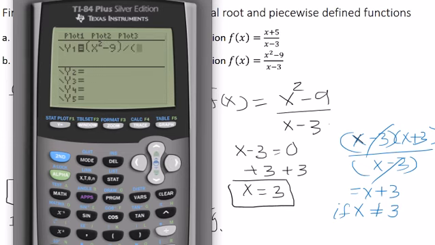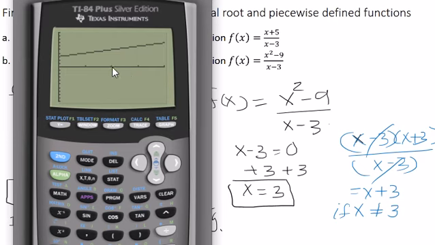So it's going to be 0 to 3, well, let's make it 4, and then just leave the other parts as they are. So as you see, there's no trouble around this 3. So 1, 2, 3. That's because this calculator does not have that many pixels to show that little hole in the graph.